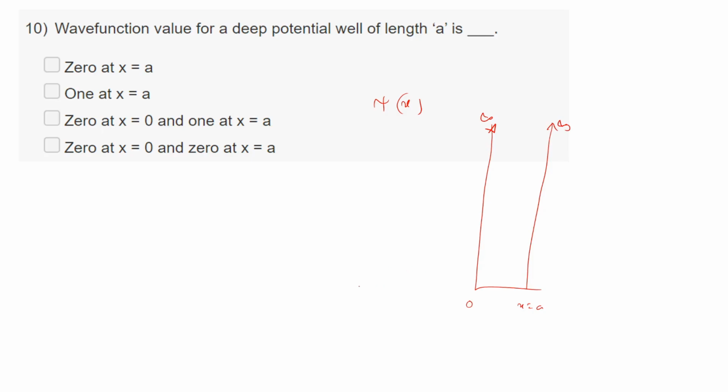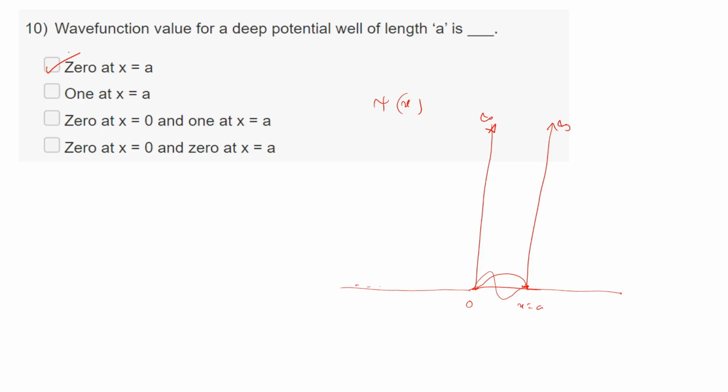We know that the wave function value is 0 outside the well, but inside there can be some kind of sinusoidal function. It can be like this or it can be like this, but it is not identically 0. So the wave function value is 0 at x equal to a. At x equal to a it is 0, which is correct.